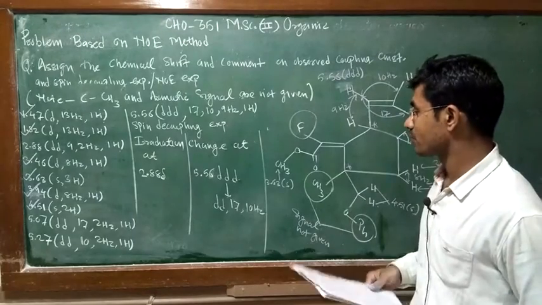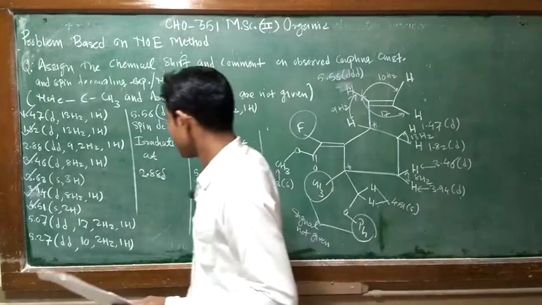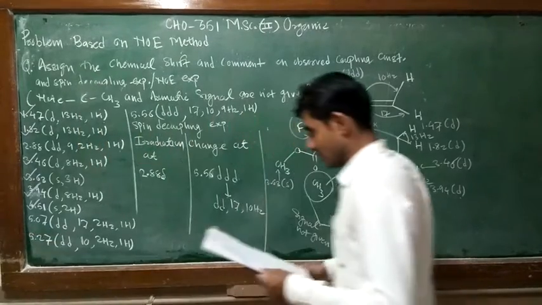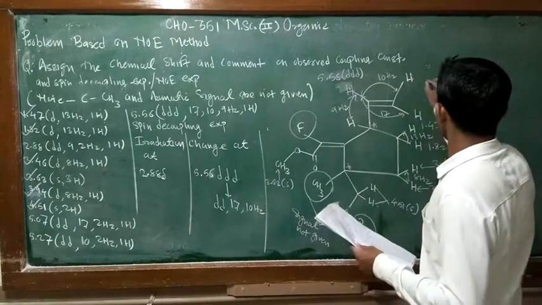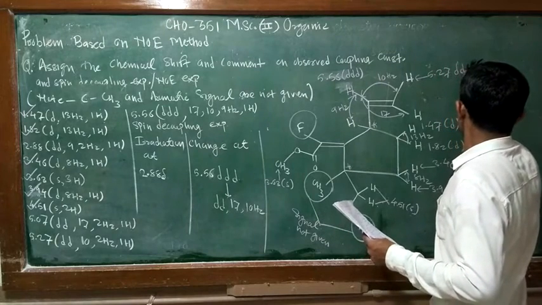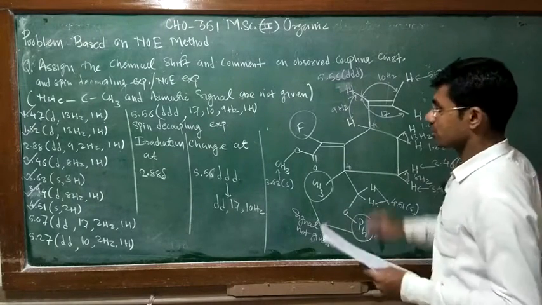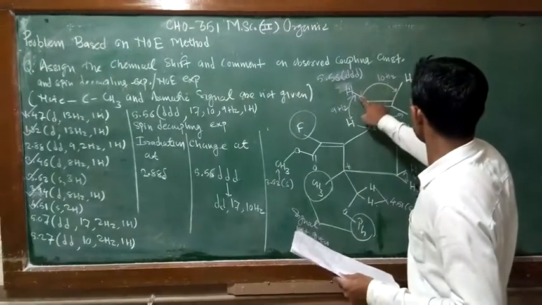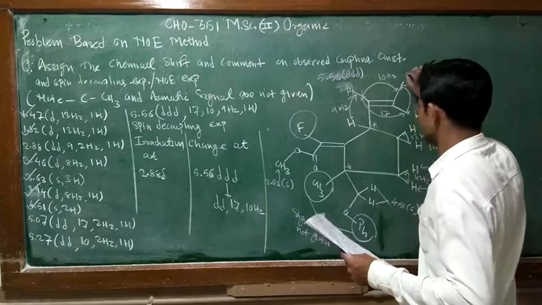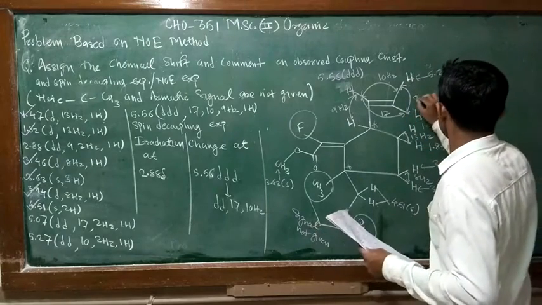After that, see here, the proton at 5.27 is nothing but this proton, 5.27 doublet of doublet. It shows a coupling of 10 Hz, meaning cis coupling, and in the same way geminal coupling is possible here in the alkene, so 2 Hz.